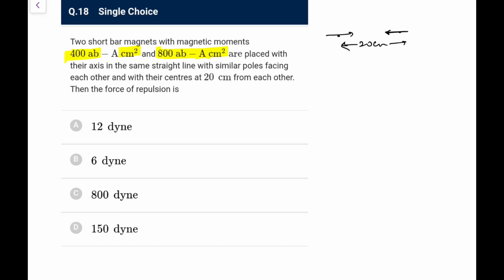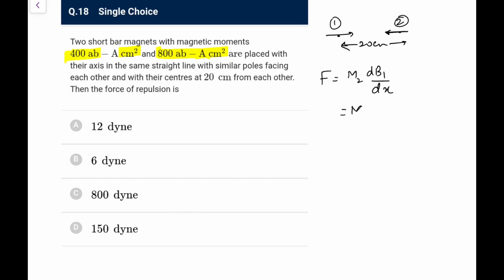So you have to find this force of repulsion, that is what you require now. Because it is a non-uniform field, I can write the force as P dB by dx. So I can write it as m2 into dB1 by dx, or dB1 by dr, whatever you write.